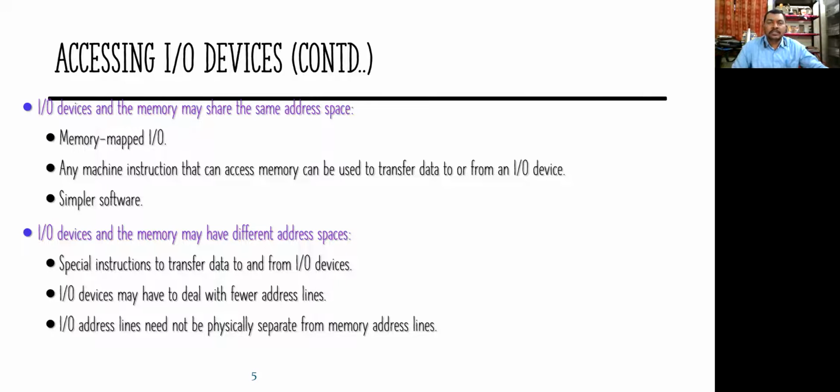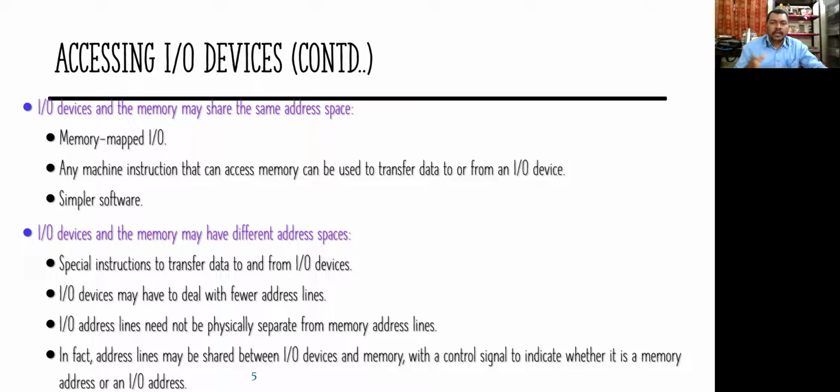The input output address lines need not be physically separate from the memory address lines. This is not necessary, because if we give separate address lines, the structure and circuitry of the microprocessor increase. Because of this, you can use the same circuit and the same address bus. There is no compulsion to have separate address lines. In fact, the 8085 that we are practically using shares the same address lines, and we just vary the control signals a little to use them.